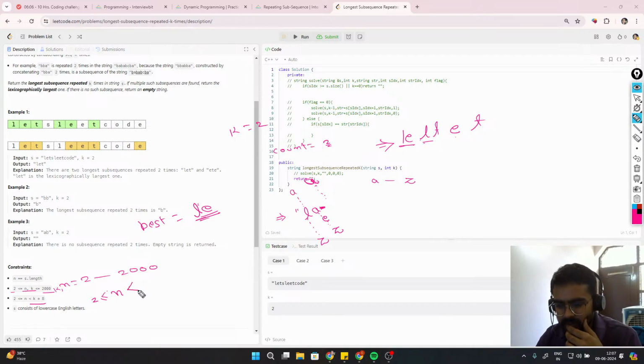And N is lesser than K times 8. So K is greater than N divided by 8, and can range up to 2000 by 8, which would be 250.